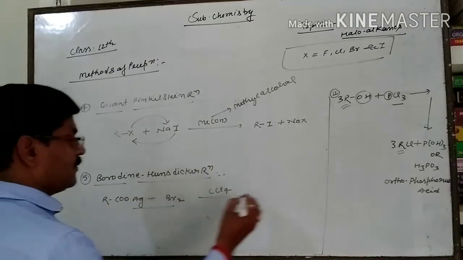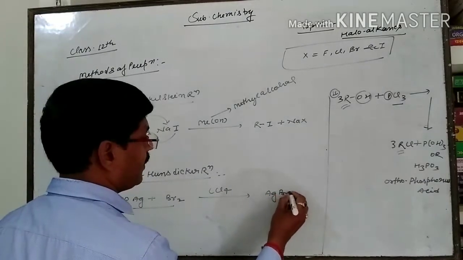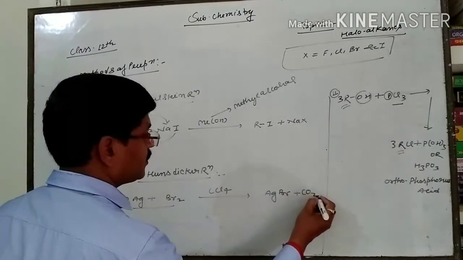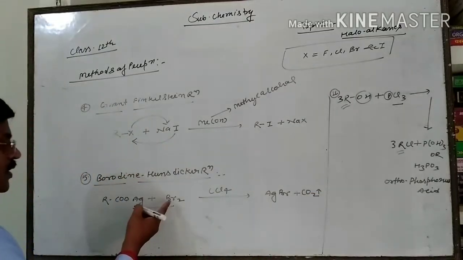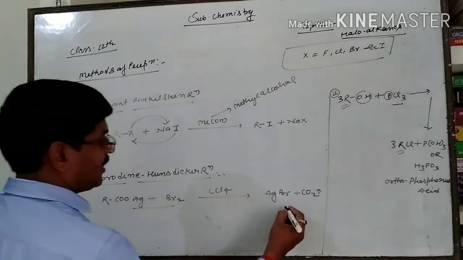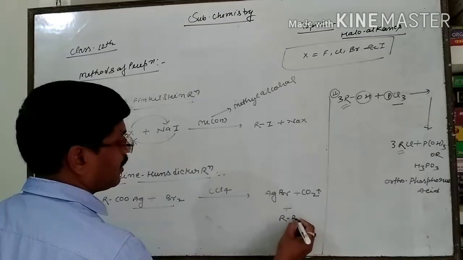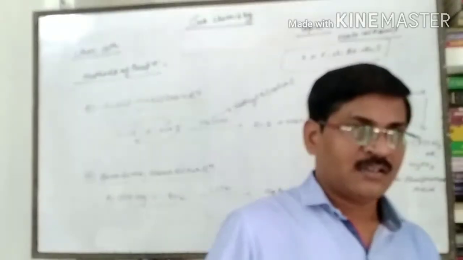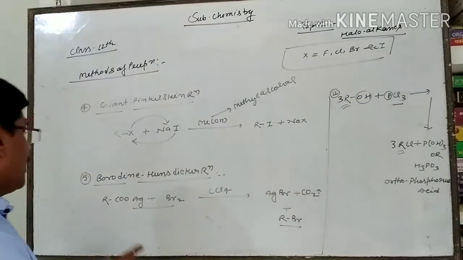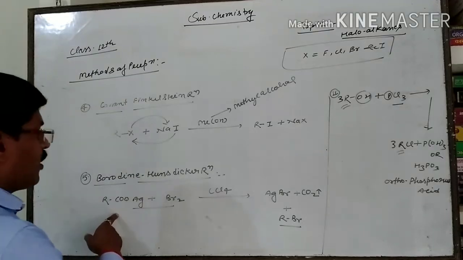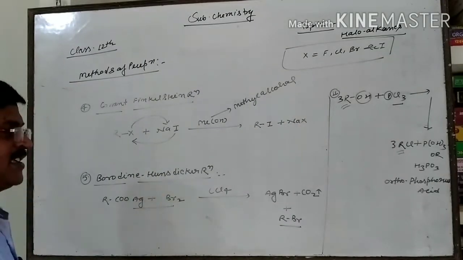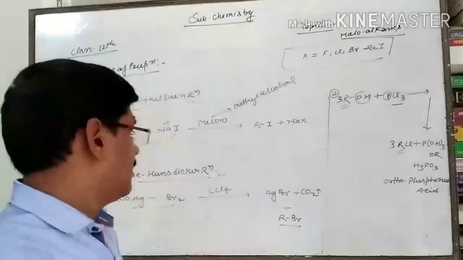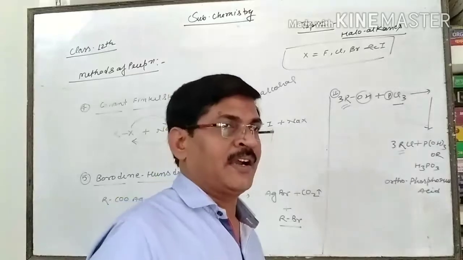It will give first of all AgBr as a precipitate and releases CO2 gas, and then remain here 1 Br and 1 R. It means it will also give RBr. So all of you are seeing here, by the reaction of silver salt of carboxylic acids with bromine in presence of CCl4, carbon tetrachloride, I can also prepare alkyl halide like alkyl bromide I have prepared here.